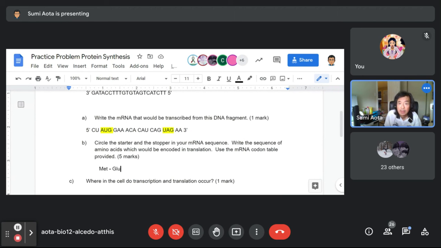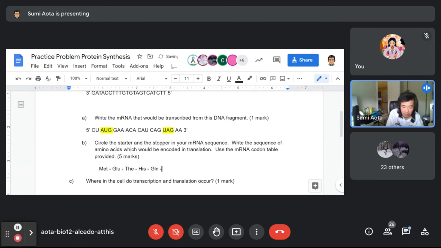ACA is threonine. CAU is histidine. CAG is GLN, which is glutamine.